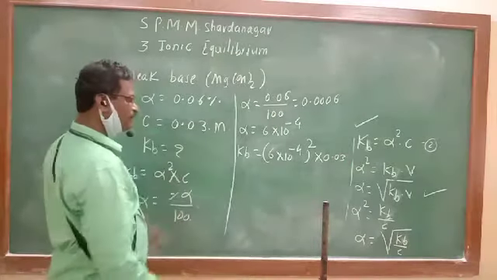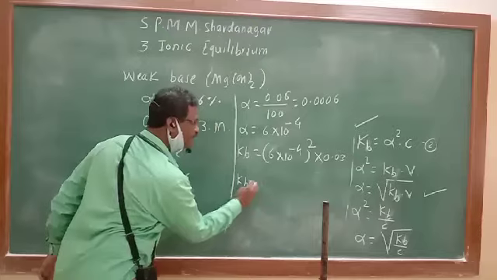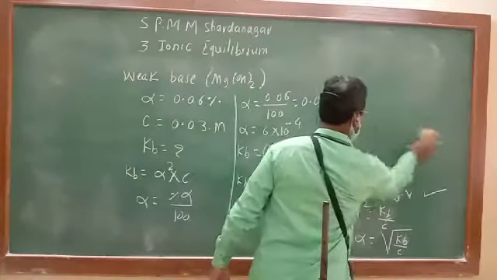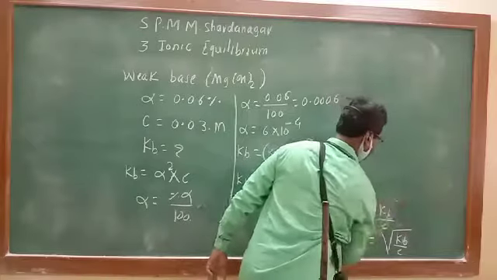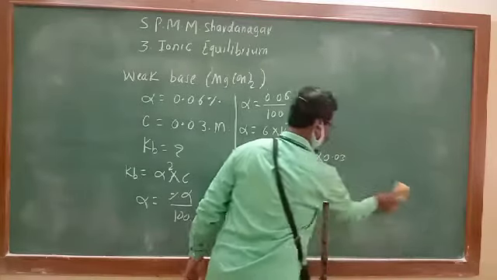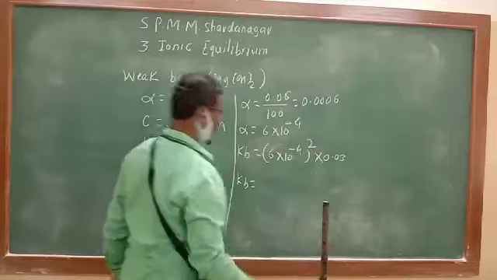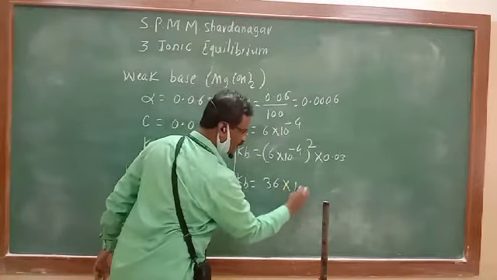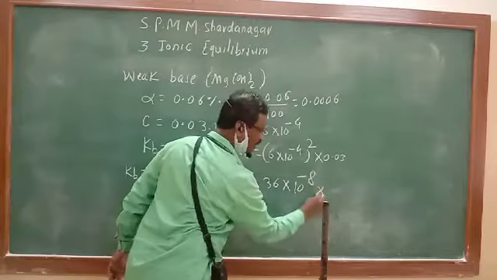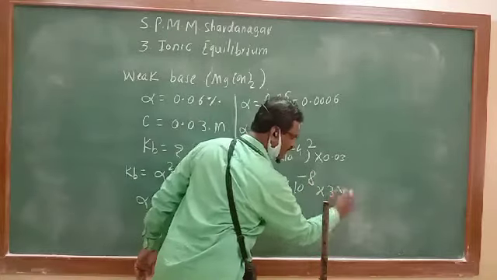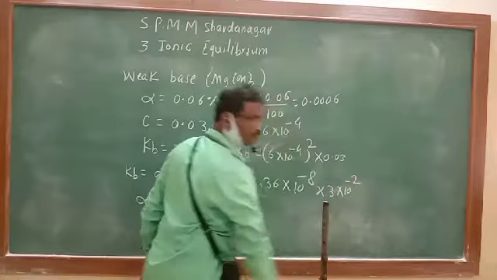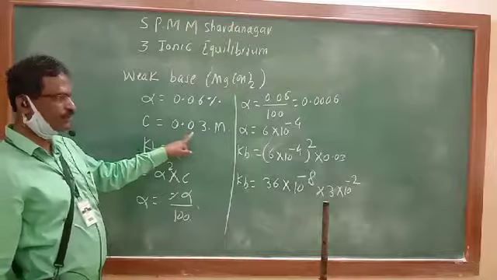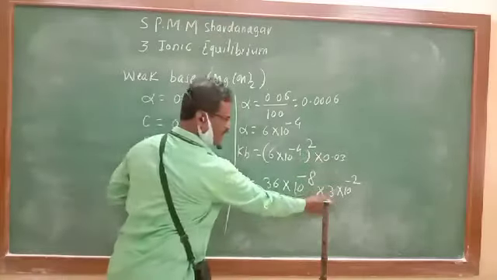The solution is like this: we are solving 36 into 10 raised to minus 8 multiplied by 3 into 10 raised to minus 2. We have written 0.03; it can also be written in this manner.